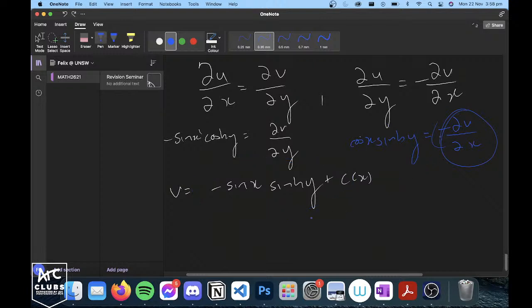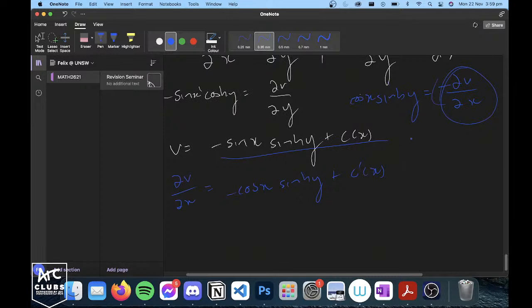So we need to differentiate v first. Taking the partial derivative with respect to x, we get minus cos x sine y plus c dash x.